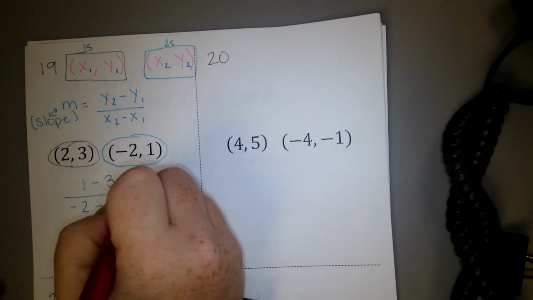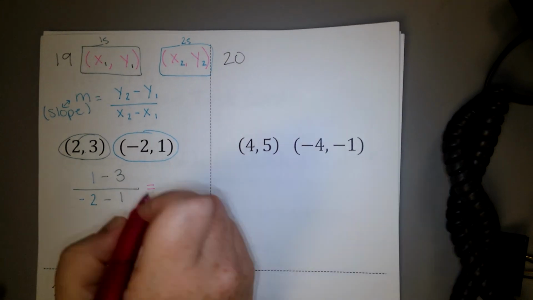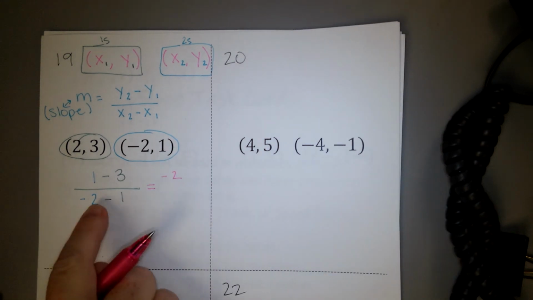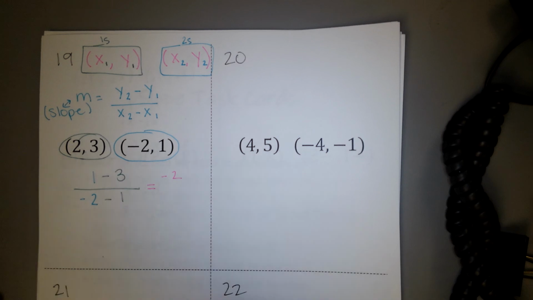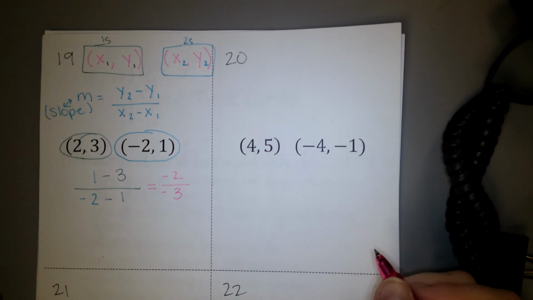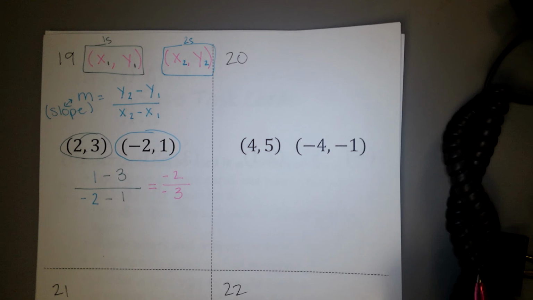Well, 1 minus 3 is negative 2. Negative 2 minus 1. So this is where I have 2 negatives. I have a total of negative 3. Okay. So I have negative 2 over negative 3.